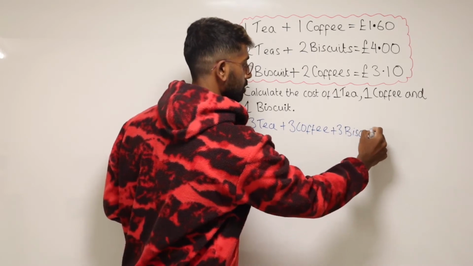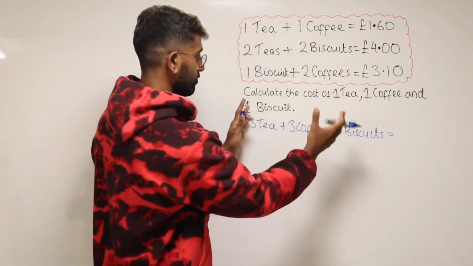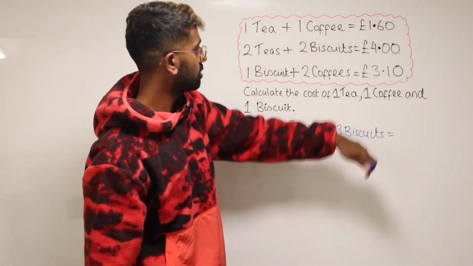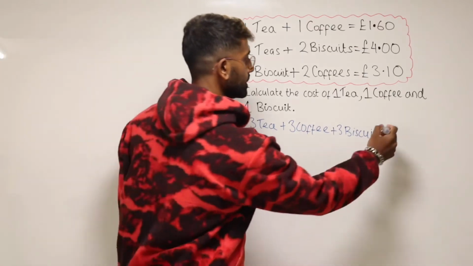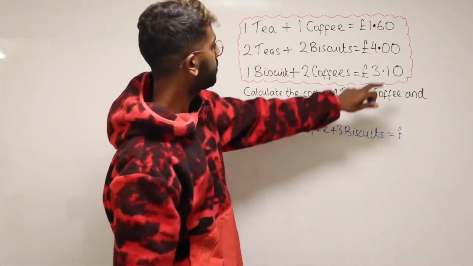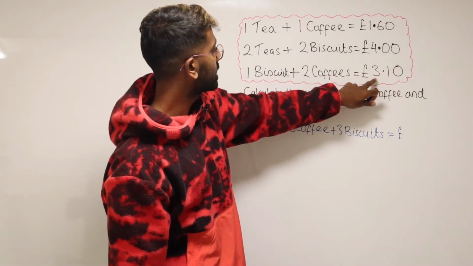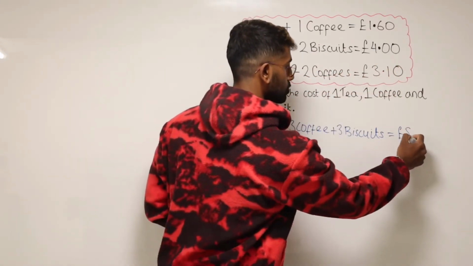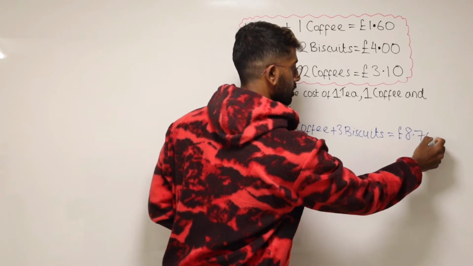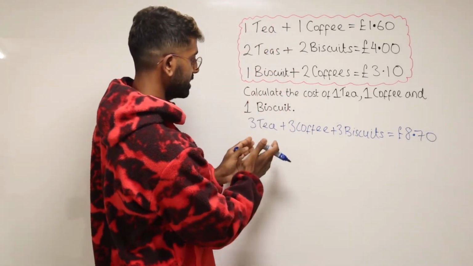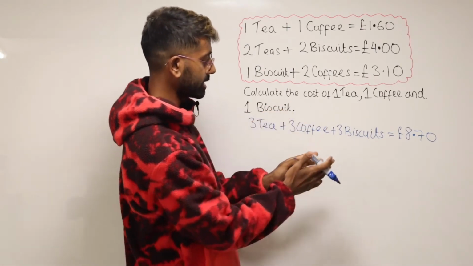And so to find out the price of buying everything in this list, we just need to add together the total sums of money over there. So that's going to be 160, that will be 560, and then £8.70 in total. And now remember, that's the cost for 3 teas, 3 coffees, and 3 biscuits.